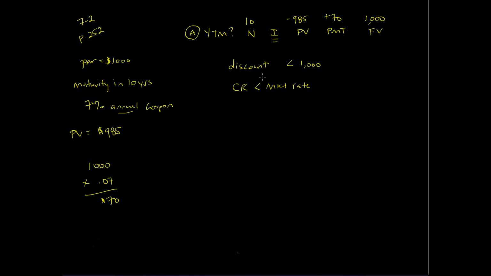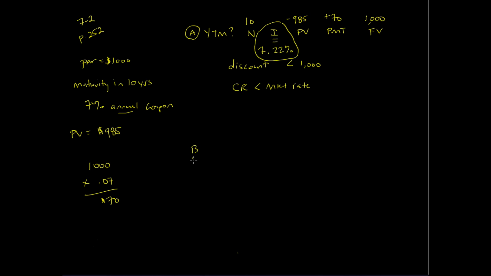So with a coupon rate of 7%, we would expect to see this yield higher than 7%. And when we plug in our inputs into the calculator, we do see that yield to maturity, the answer to the question, is 7.22%, which is higher than my coupon rate.